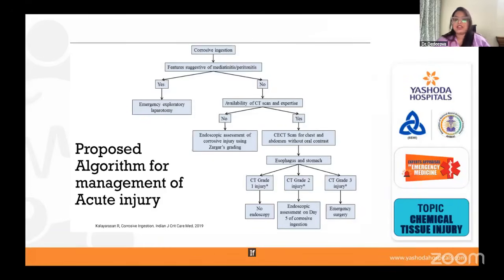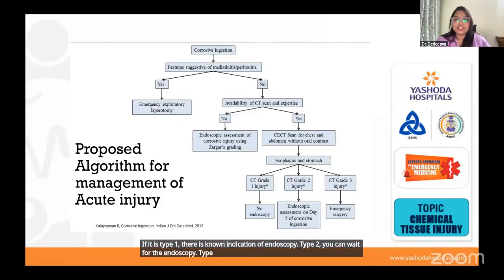If it is type 1, there is no indication for endoscopy. Type 2, you can wait for the endoscopy. Type 3 is an emergency surgery. If there is no CT scan or expertise available, you can go ahead with grading the corrosive injury by endoscopic assessment using Zargar's grading.